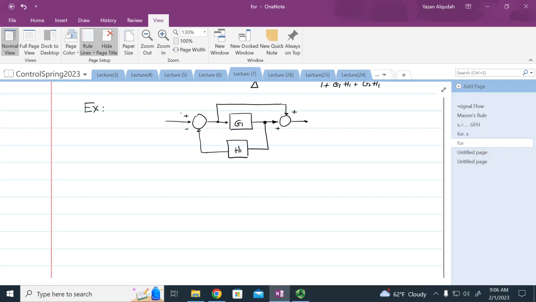Okay, you're going to try to do this with the block diagram reduction and then with signal flow.